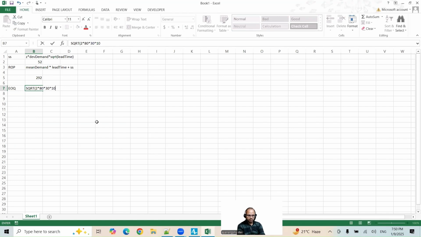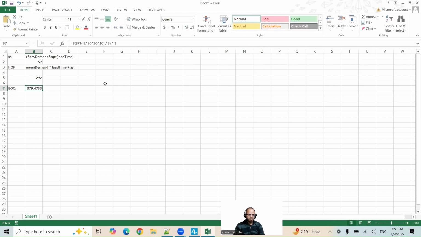Ordering cost. My ordering cost is 10, and then I divide that quantity by the holding cost for 30 days. My holding cost is $1.1 and 30 days multiplied by 30. So this is my EOQ value for 1 day. If my lead time is 3 days, then my total value is multiplied by 3 days.